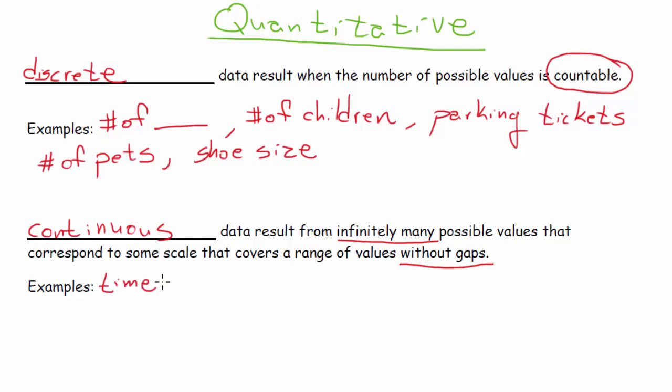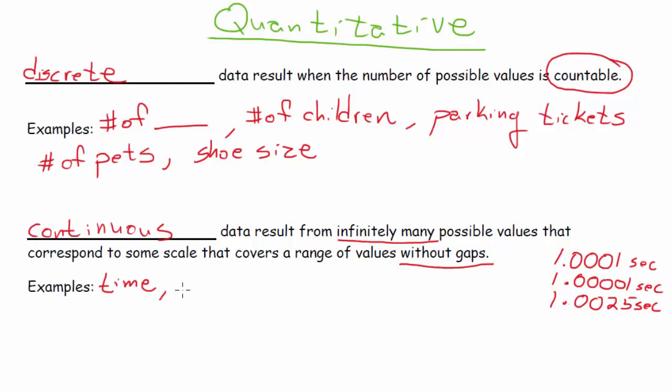All right, so when you think about time, it could be 1.0001 seconds. All right, well, I could also have 1.00001 seconds. I could have 1.0025 seconds. All right, and so if I'm thinking about time here, do you see that there are an infinite number of times, or there's no gaps here? So this would be continuous.